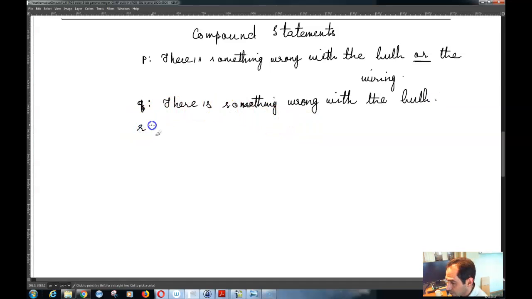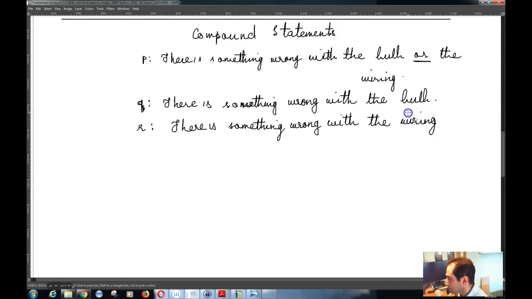And there is another statement R: There is something wrong with the wiring. Which basically means there are these two statements Q and R that are connected by or, right?